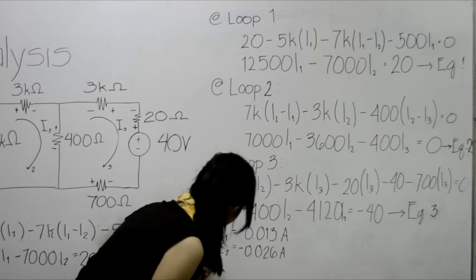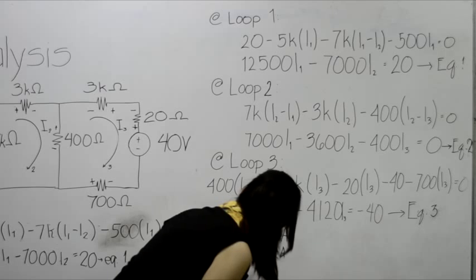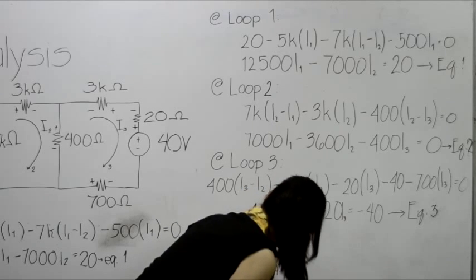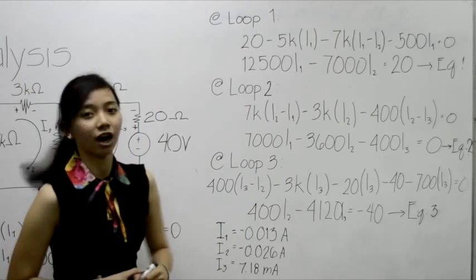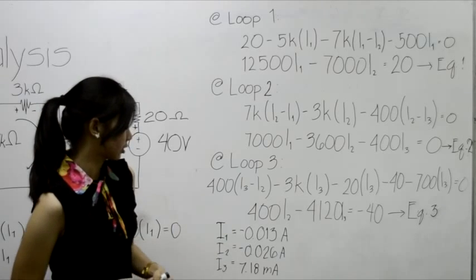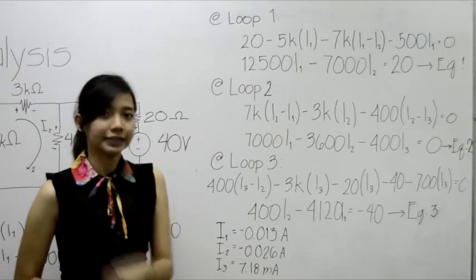And for I3, this equals 7.18 milliamperes. We obtain a negative value of the current because the right flow of the current of I1 and I2 is opposite of the assumed current we set before.